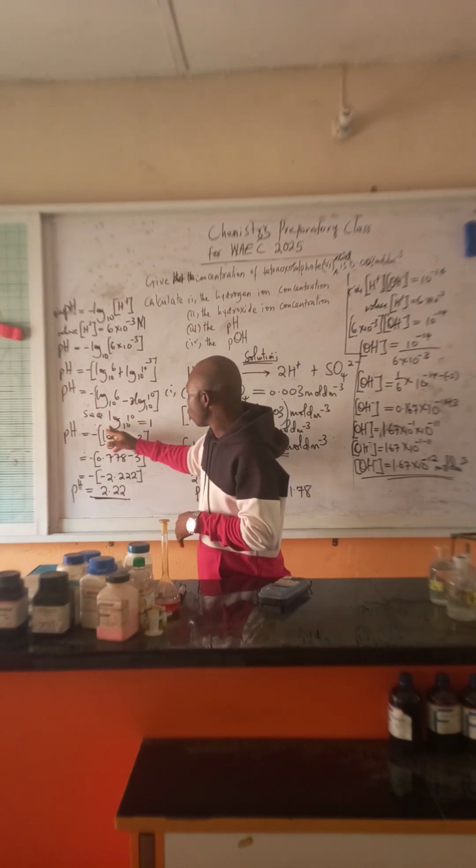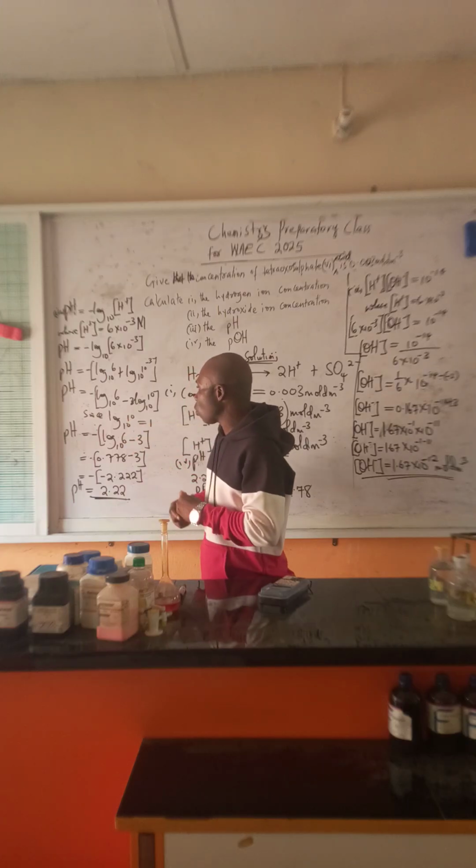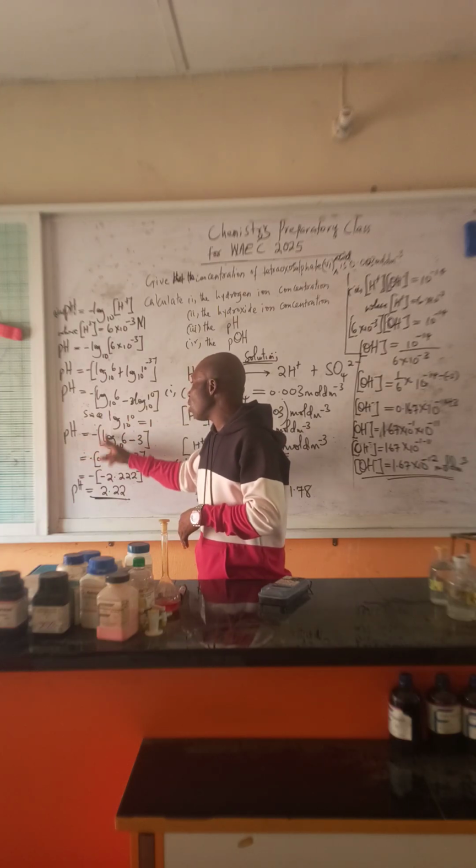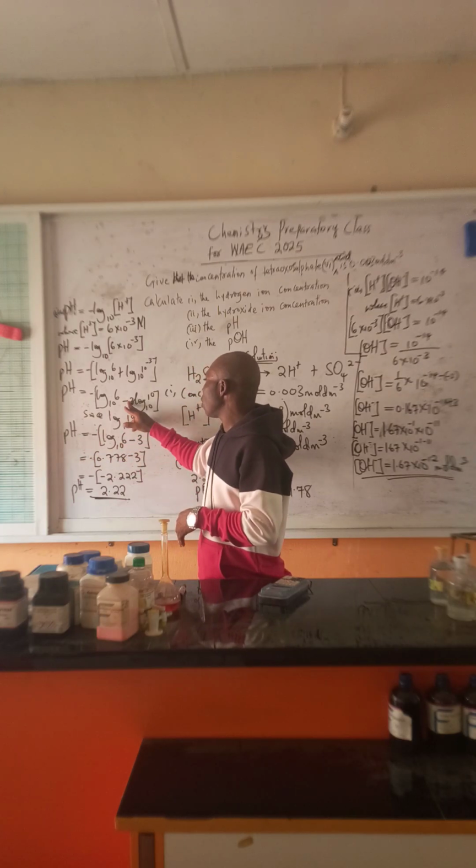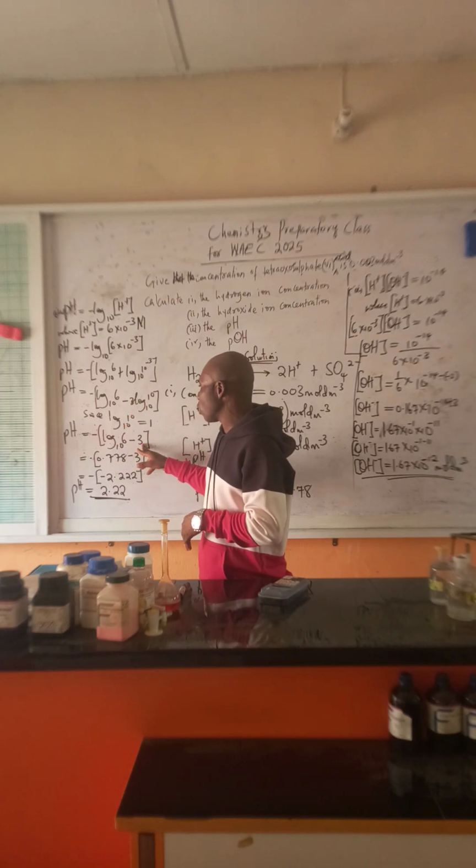By indices also, log 10 of 10 is equal to 1. It means that pH is equal to minus log 10 of 6 minus, of course, minus 3 times 1 will give us minus 3.